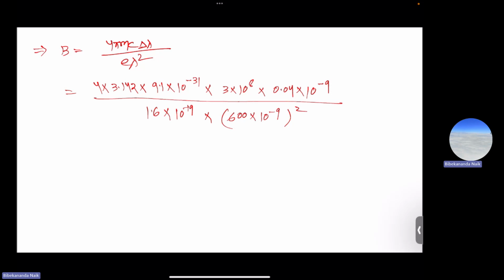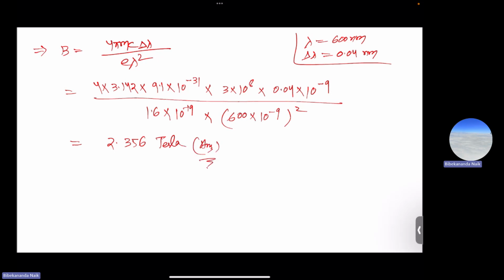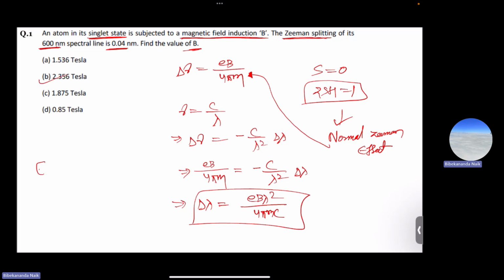This 0.04 is 0.04 nanometer; in the question lambda was 600 nanometer and delta lambda was 0.04 nanometer. If you calculate, it will give you 2.356 Tesla, which will be the correct answer. If you see the options, the correct option will be option B, that is 2.356 Tesla. So I hope this is clear to everyone.